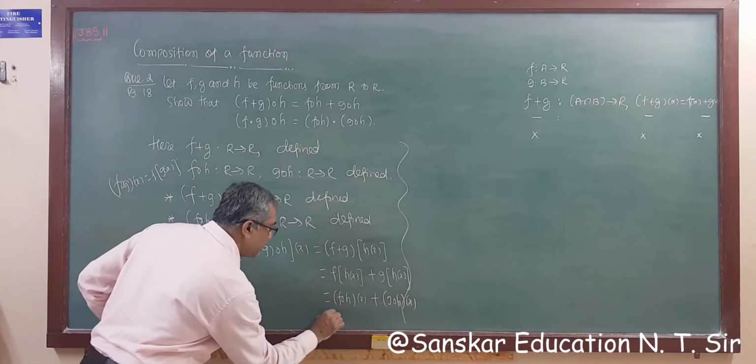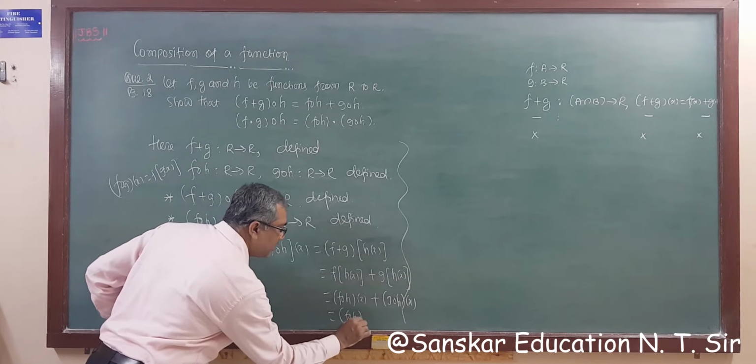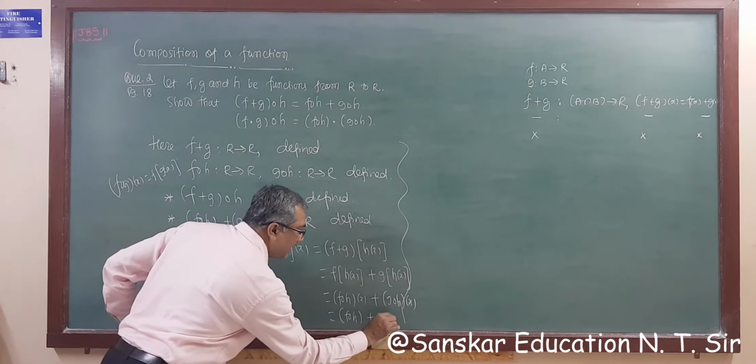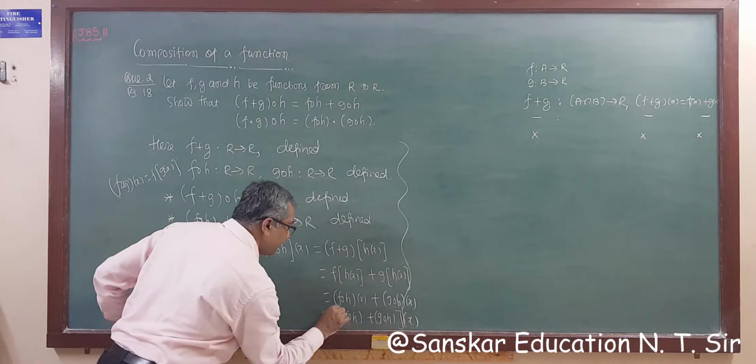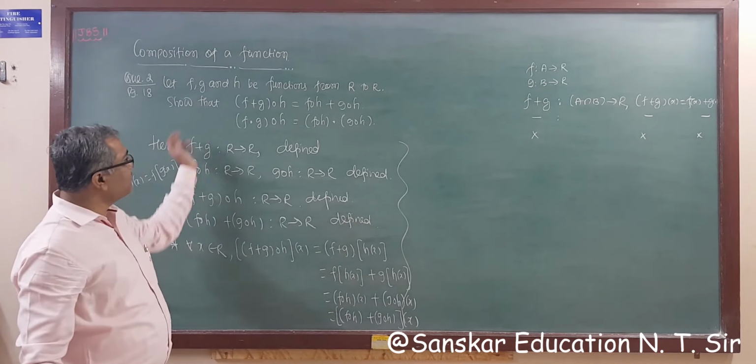If I take x common, then this is f over h plus g over h, of x. So this is the first result.